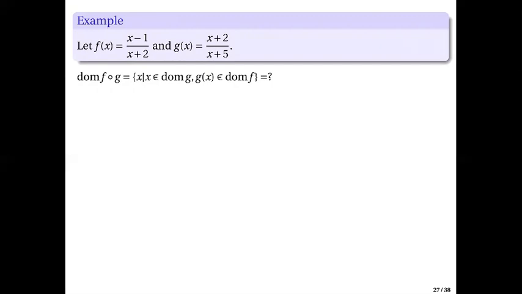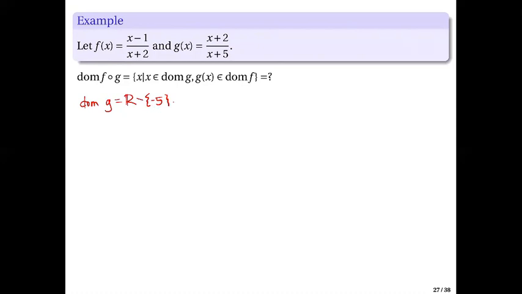Again, what is the domain of g here? The domain of g, this is the set of real numbers except negative 5. Correct? So, initially, this part here means you already removed negative 5.